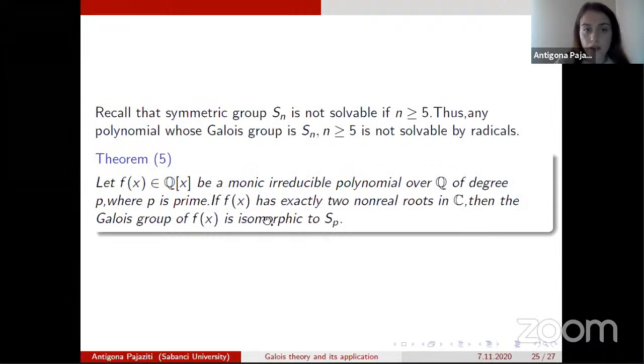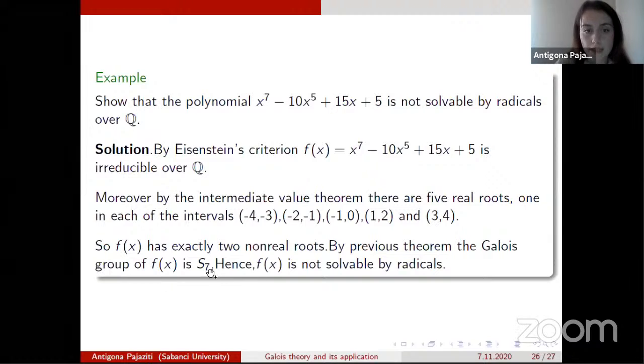And now we can see that our polynomial satisfies the conditions of this theorem. It is a monic irreducible polynomial over the field of rational numbers, and it has prime degree, which is 7. It has exactly 2 non-real roots in the complex field. So its Galois group is isomorphic to the symmetric group S_7.